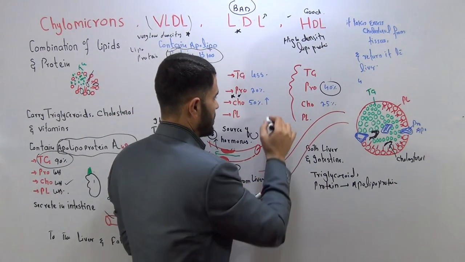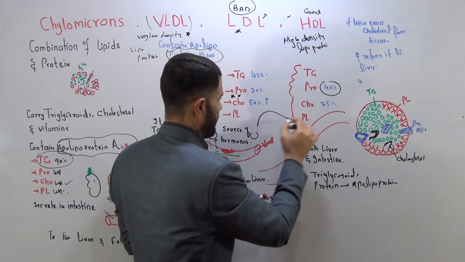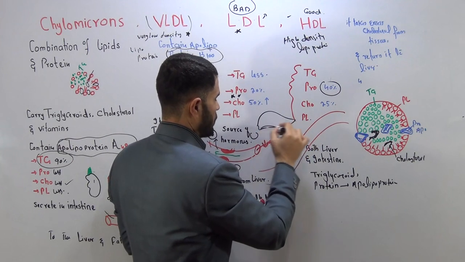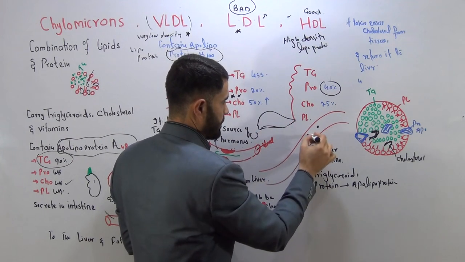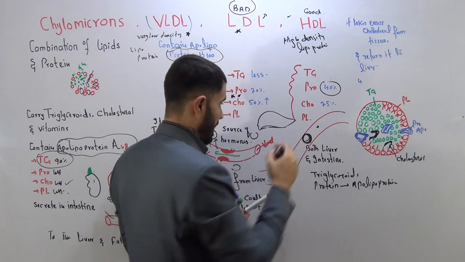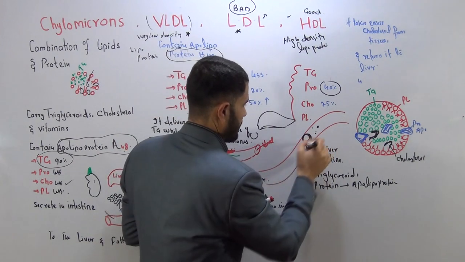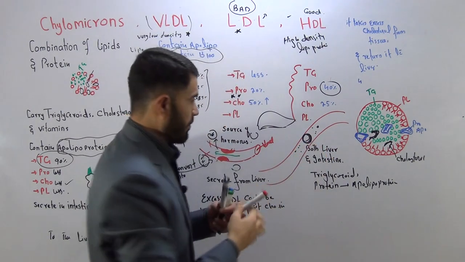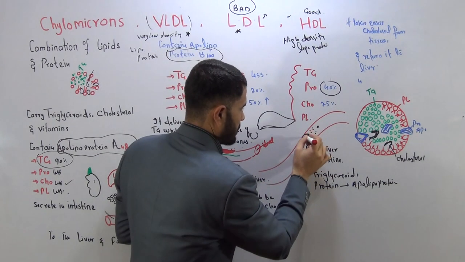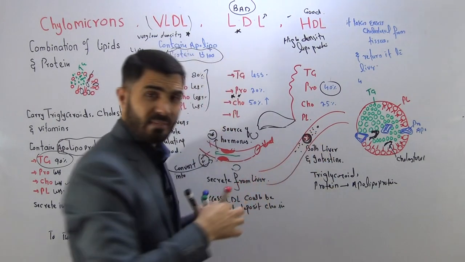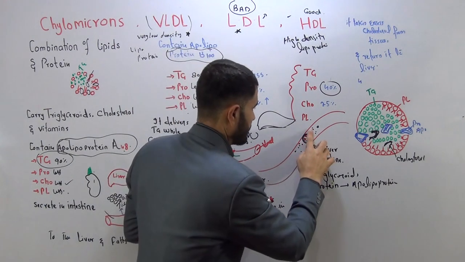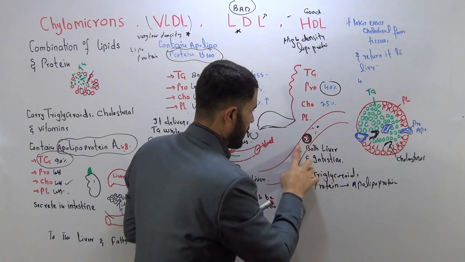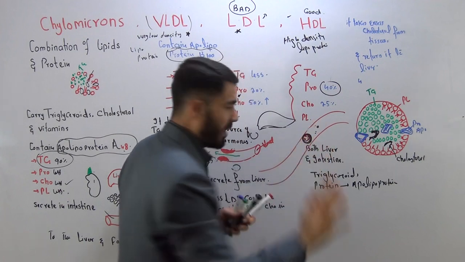So let's suppose this is our liver. Fine, this is our liver. So this is your structure HDL. There is some extra cholesterol. Okay, so let's suppose this color represents cholesterol. So cholesterol will be taken from the blood circulation. So now there is no cholesterol in our blood.